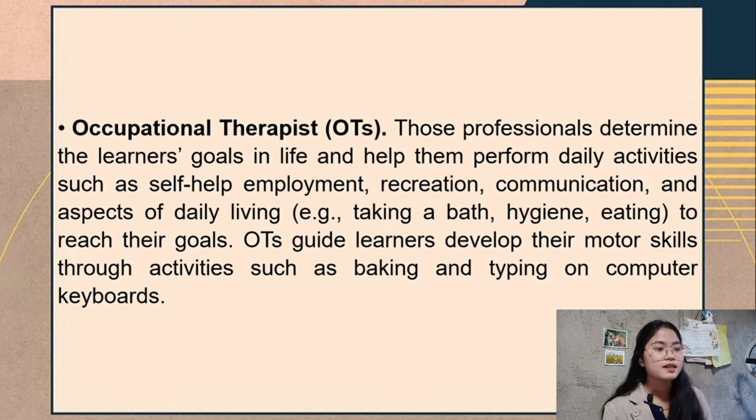Occupational therapists help with barriers that affects the learner's emotional, social, and physical needs. Occupational therapists guide learners develop their motor skills through activities such as baking and typing on computer keyboards.